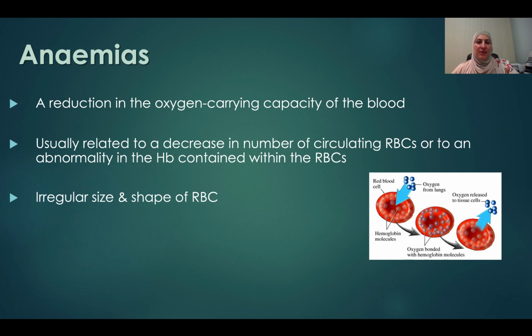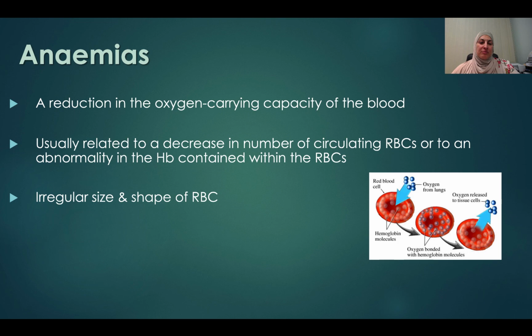So anemia, generally speaking, is a reduction in the oxygen carrying capacity of the blood, regardless of the cause of that. This can be related to a decrease in the number of the circulating red blood cells due to abnormality in the bone marrow or certain medications, or maybe this can be related to abnormality in the hemoglobin structure, as in some cases of hemolytic anemia.